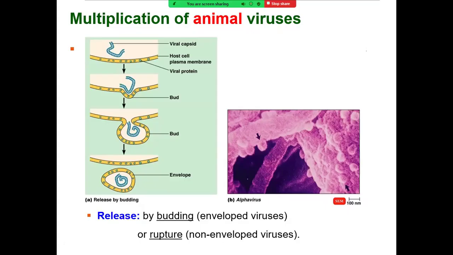This host cell will tend to survive. If the host cell dies, it's because the immune system recognizes that this host cell is infected with the virus, and the immune system will kill this cell. So the budding virus usually does not kill the cell it buds out of.